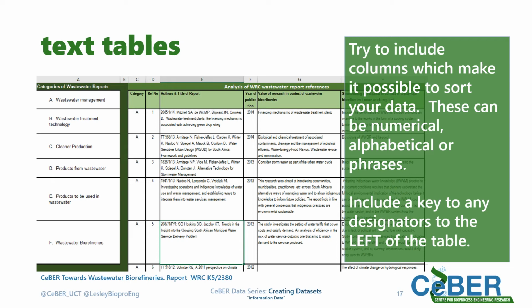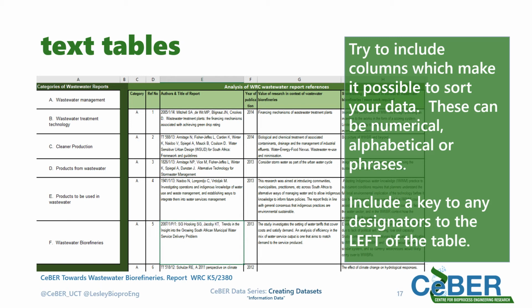Just a couple of key things. Include columns which make it possible to sort your data. So, for example, instead of putting the year of publication in with the authors and title, you put the year in a separate column, and then you can sort it by year.